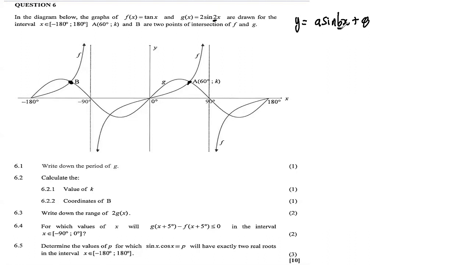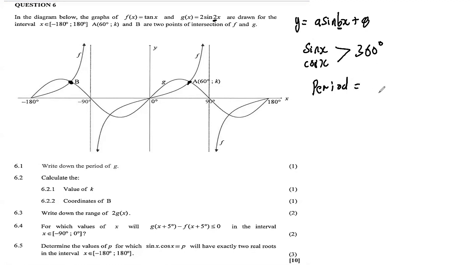The effect of this b is to change the period by doubling it, tripling it, or halving it. The period of sine and cos, the original mother graphs sin x and cos x, is 360 degrees. If you have a number in here, this affects your period.